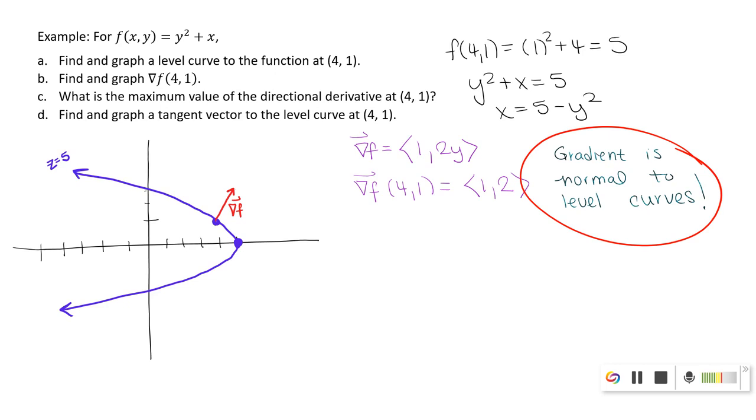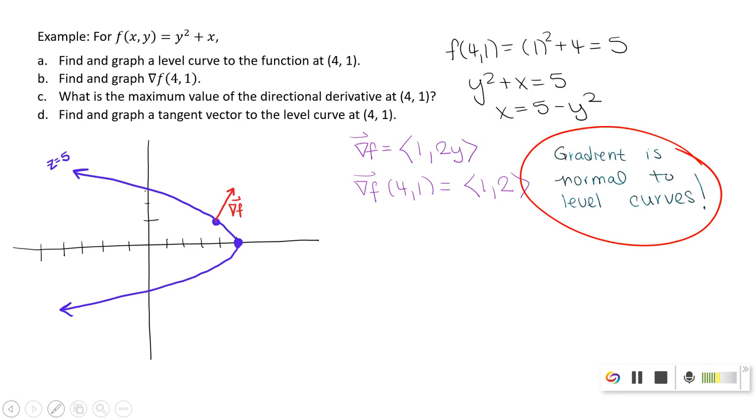What is the maximum value of the directional derivative at that point (4, 1)? Well, on our previous slide, we just learned that the largest directional derivative, the largest rate of change, is going to happen in the direction of that gradient, and it will have a magnitude equal to the magnitude of my gradient vector.